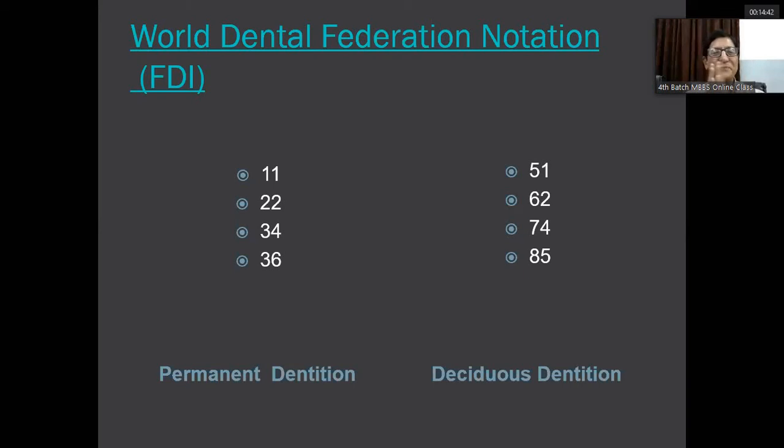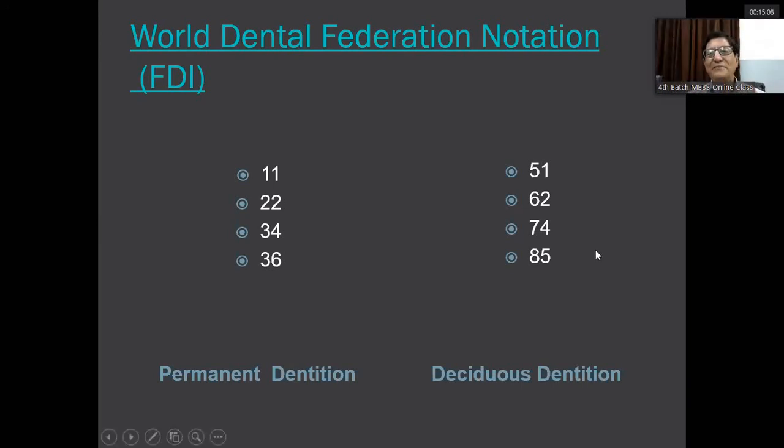Great. Okay, and then next. Left lower permanent first premolar. Okay. Left lower permanent first molar. Great. Very good.